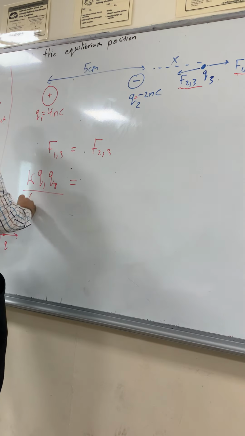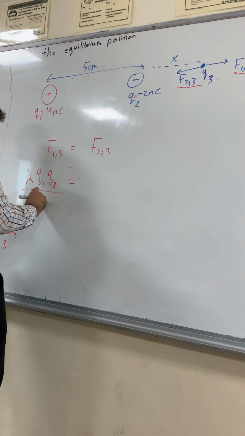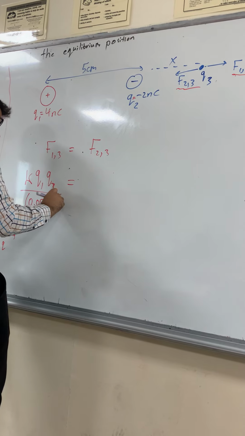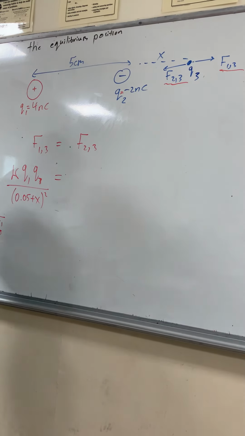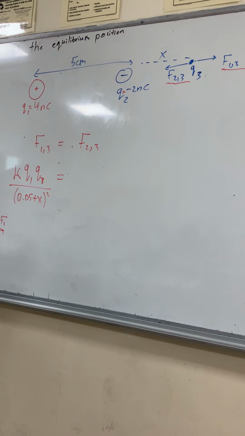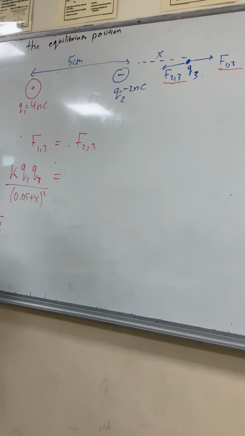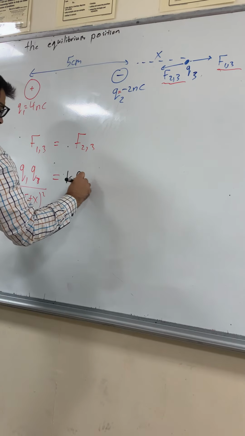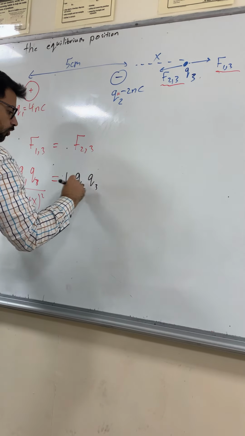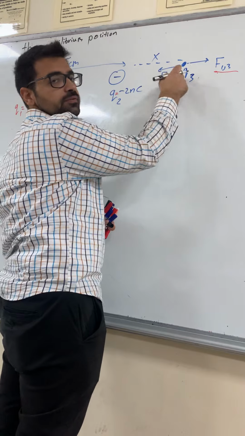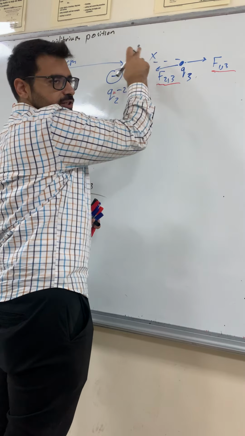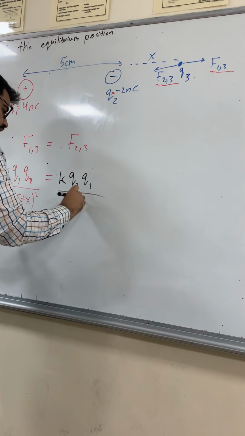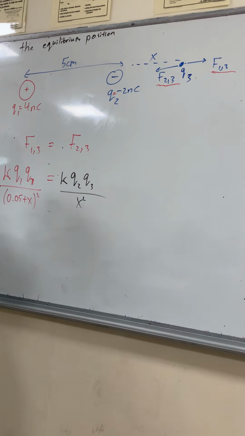So it will be 5 centimeters, 0.05 plus x, all of it squared. I already changed the other distance. So k Q2 Q3 over, what's the distance between 2 and 3? x over x squared.